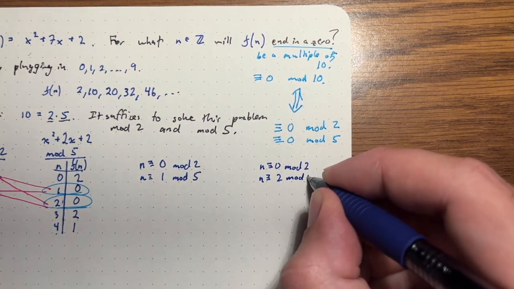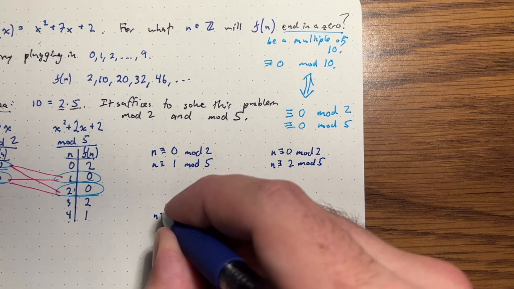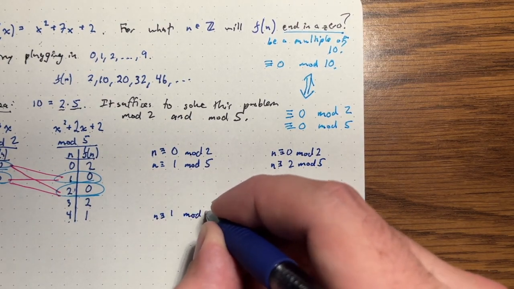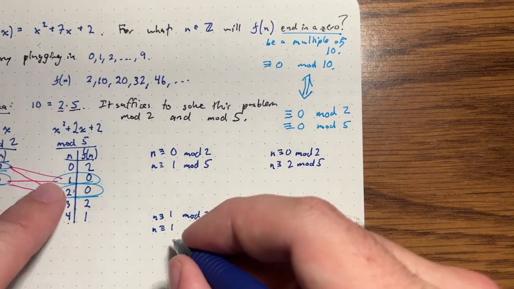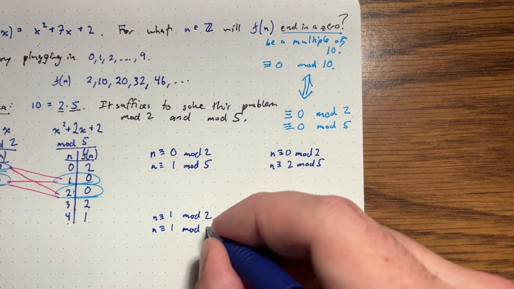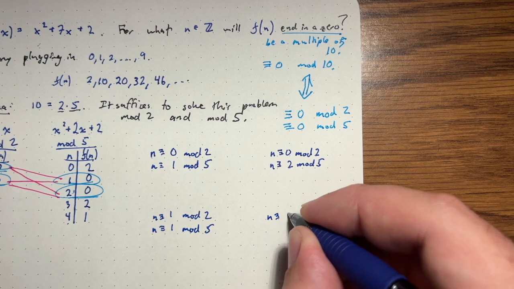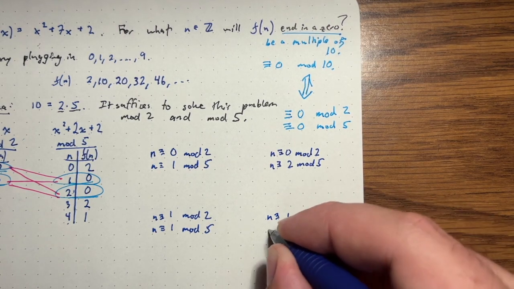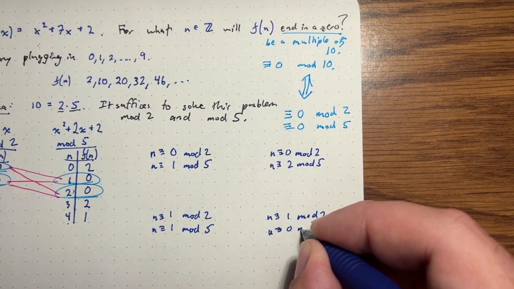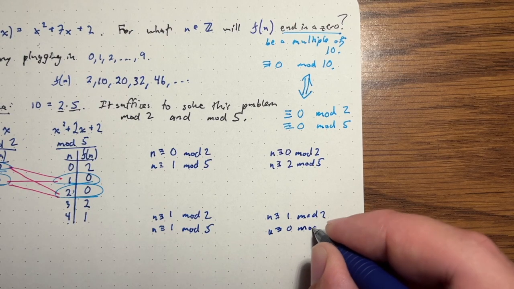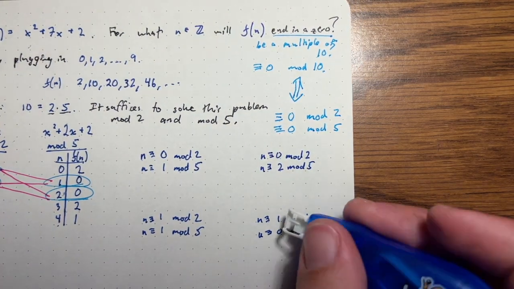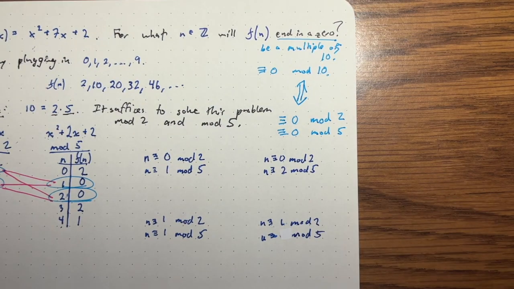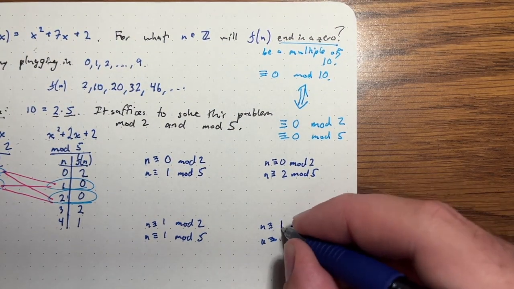Or I could have n is congruent to 1 mod 2, and n is congruent to 1 mod 5. It's that pair there. Or I could have n is congruent to 1 mod 2, and n is congruent to 2 mod 5. That's that pair there. Right? These are the possible n's.